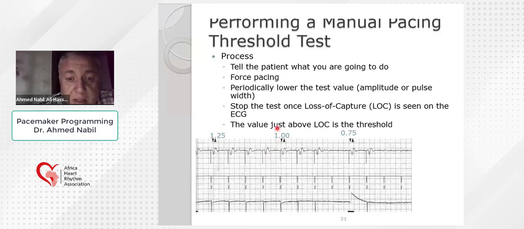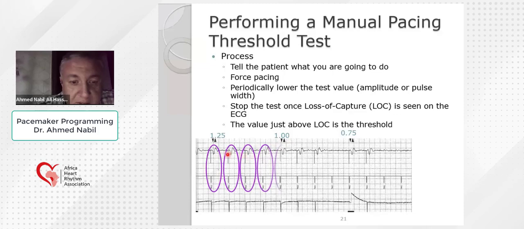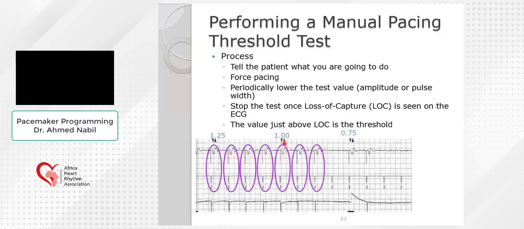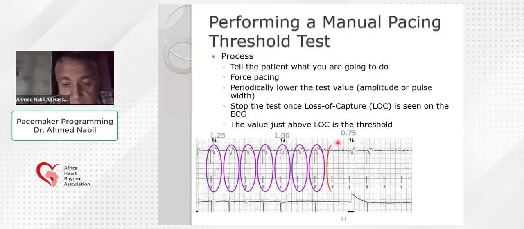And when I decrease to 1 volt, as we see here, this is capturing. And when I decrease to 1, here there is non-capture at the value of 1 volt. So this means that 1 volt is not persistently capturing. So the pacing threshold of this patient is 1.25 volts.